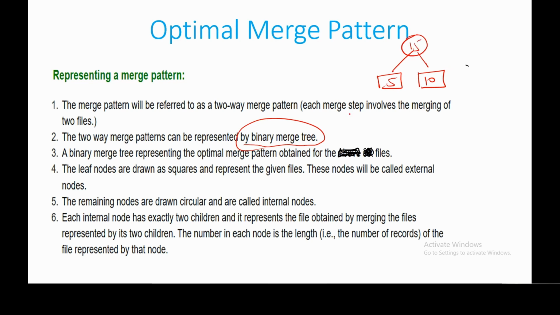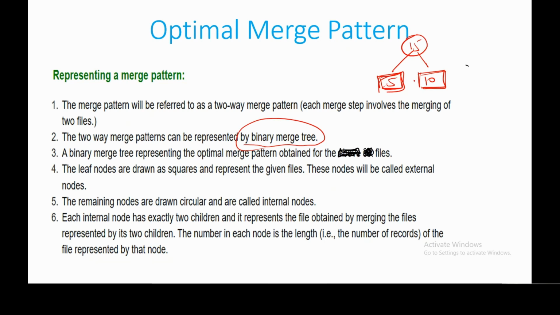The other important thing is that we are representing the result in the form of a tree, that is the binary merge tree. It is binary, meaning each node has only two children nodes. The original files are denoted by squares.